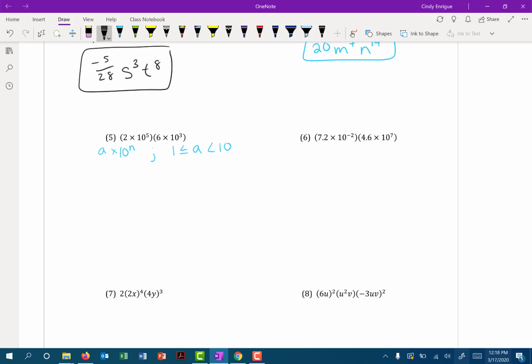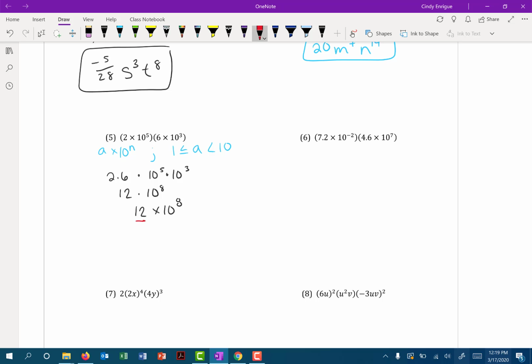Again, this is all multiplication, so I'm going to think of this as 2 times 6 times 10 to the 5th times 10 to the 3rd. It's all being multiplied. So here I have 12 times 10, and 5 plus 3 is going to give me 8. So I can think of this as 12 times 10 to the 8th power.